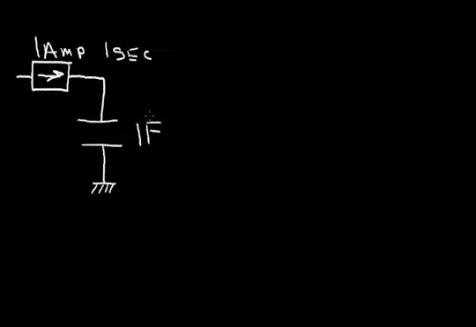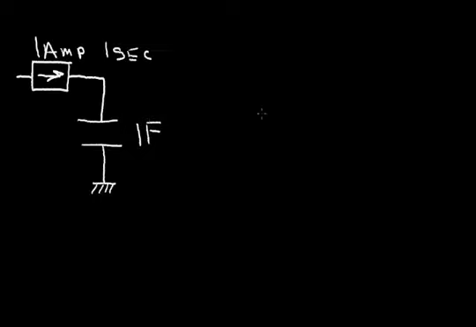Capacitor versus the voltage across the capacitor. Let's presume we have a capacitor and the bottom plate is tied to ground, and the top plate is connected to a current source, which I'll draw as a box with an arrow indicating the direction.